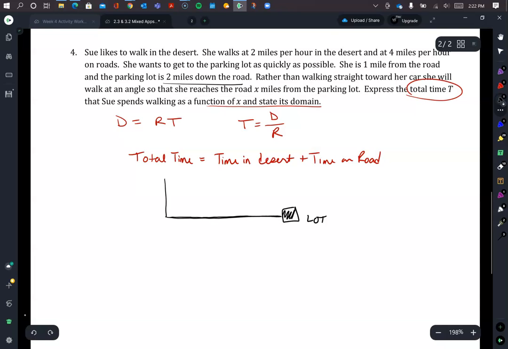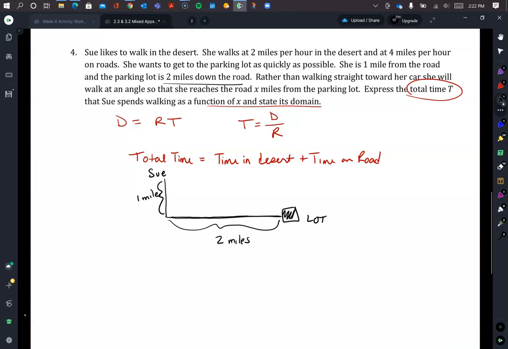The parking lot is 2 miles away along the road. Here, Sue is starting here, and this would be 1 mile. So she's 1 mile from the road.